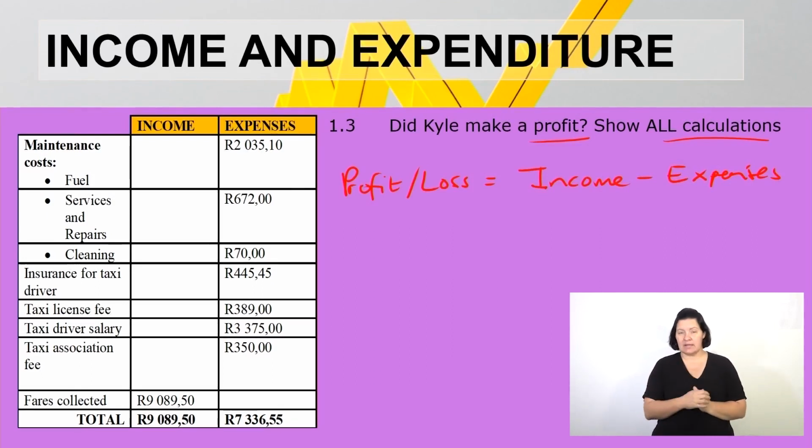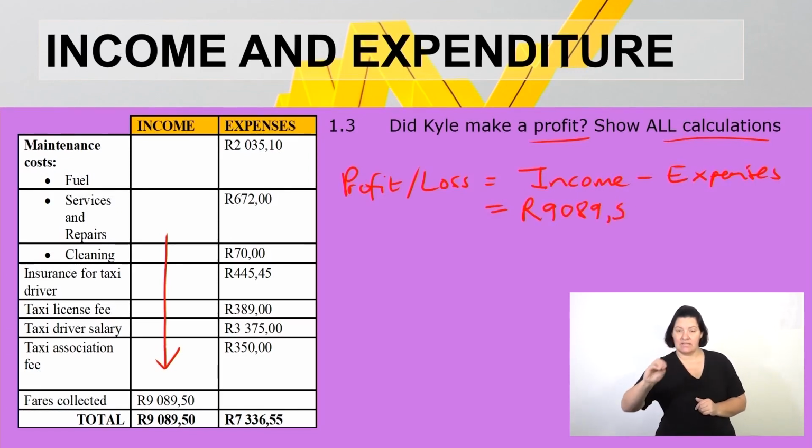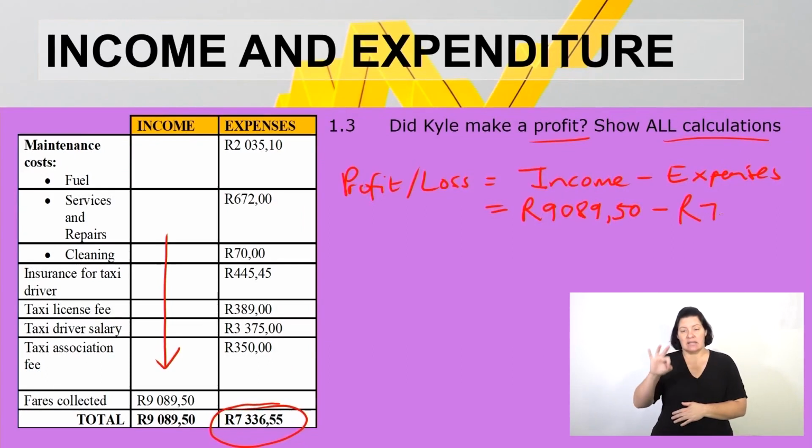Therefore, I say, okay, my income, as I can see here, is 9,089 Rand and 50 cents, minus my expenses. Here, you can see this column represents the expenses, so minus 7,336 Rand and 55 cents.